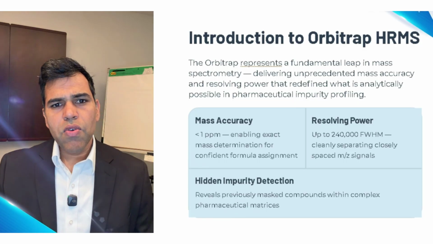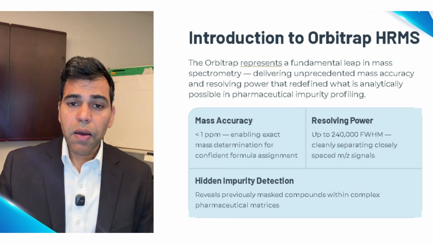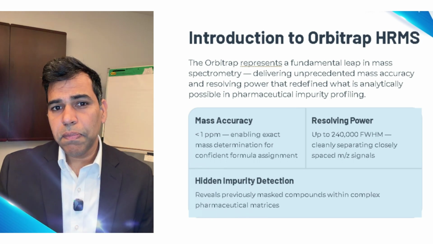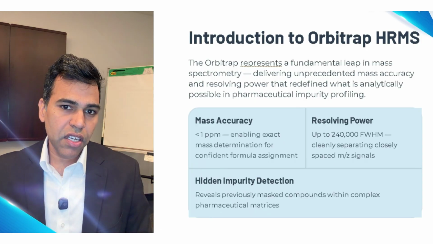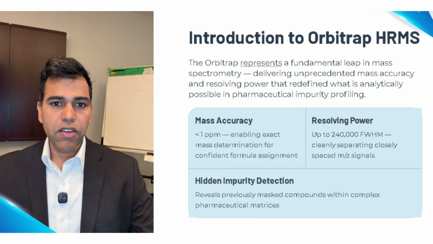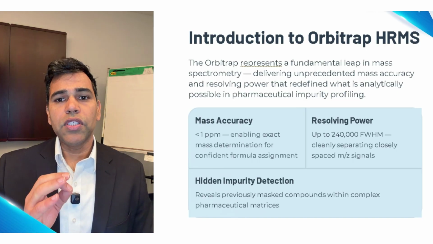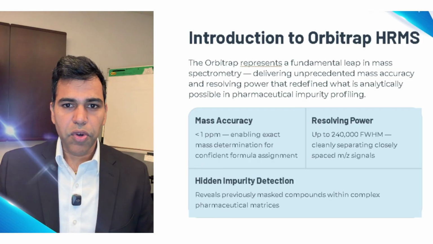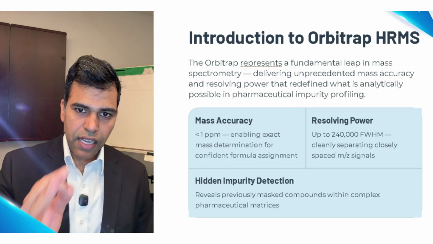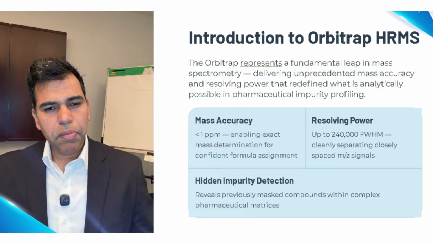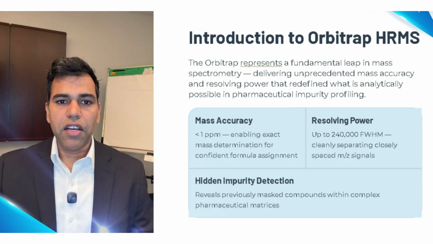Those numbers sound abstract until you see what they mean in practice. Compounds that were previously buried inside a complex matrix are now cleanly separated, precisely measured, and confidently identified. For the first time, you could determine exact molecular formulas, not approximate, not probable, but really exact. That single capability shifted the analytical conversation entirely.